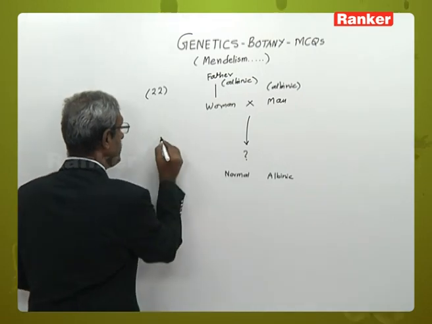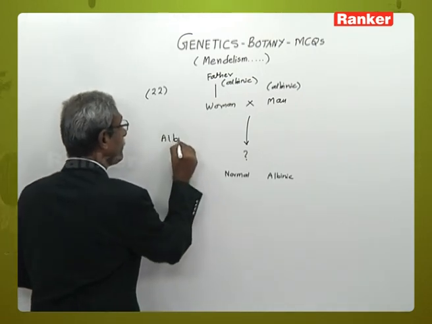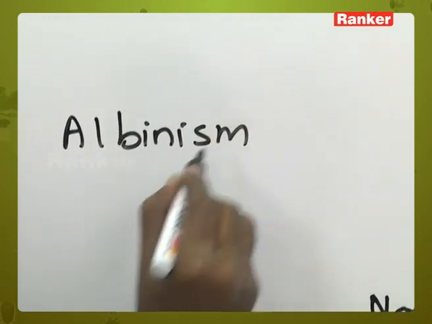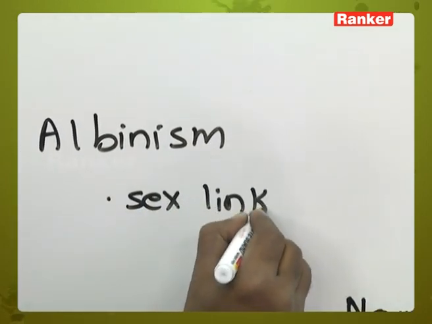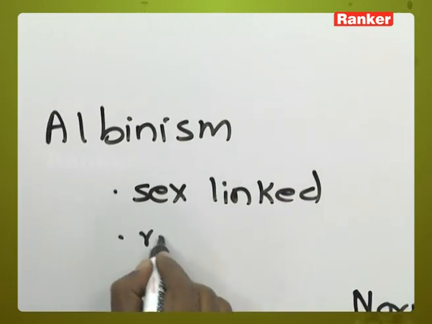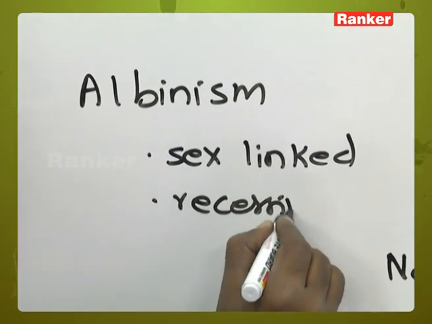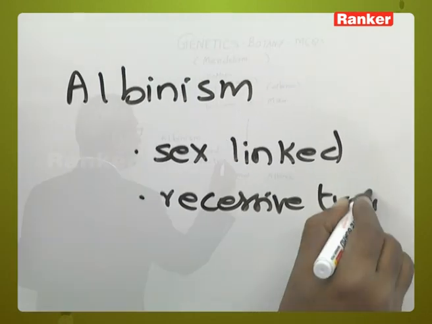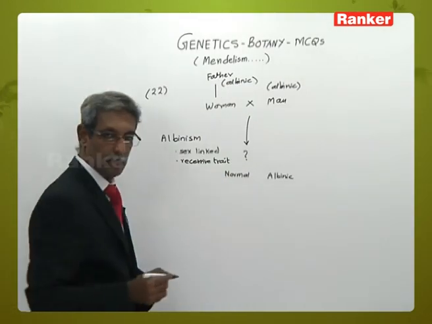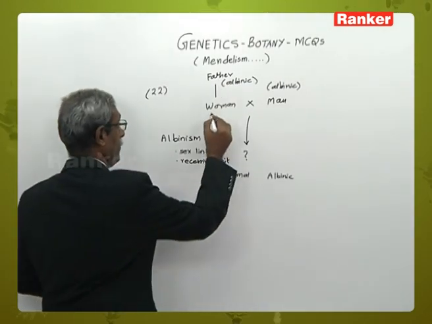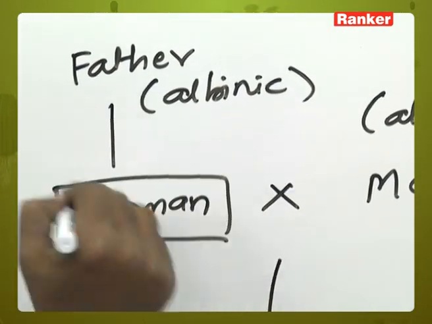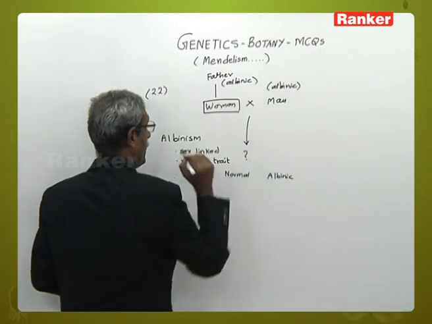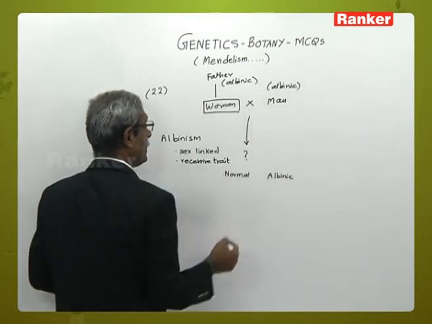Now, albinism is a recessive trait. So the woman gets the gene from her father, and even the man is albinic.